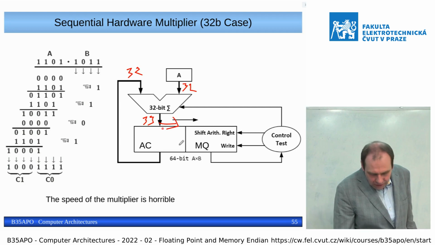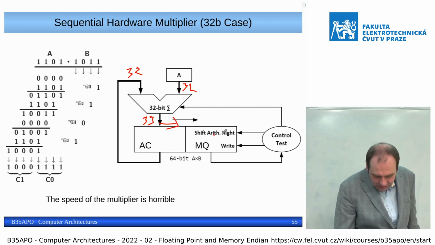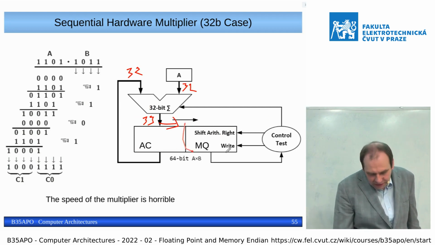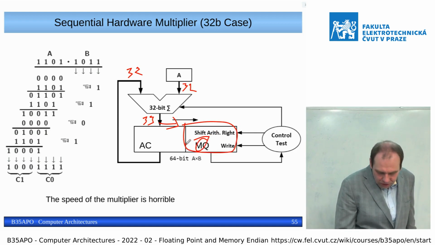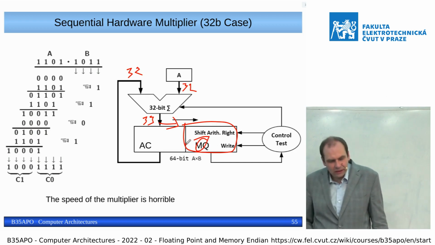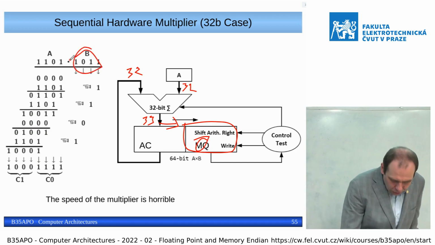And then you can shift right this block, and you can reuse part of this shift register so that at the start you put the multiplier, this B, into the MQ.